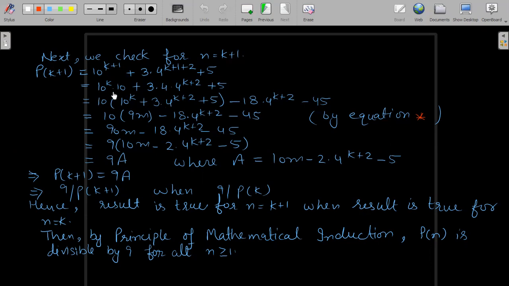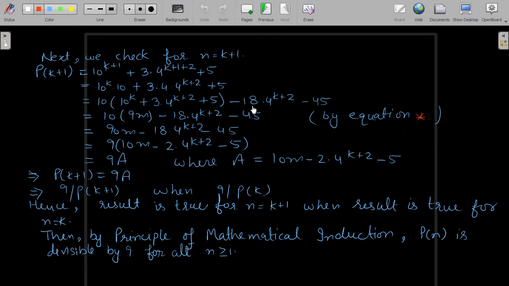Then my first term is 10^k·10. Taking 10 common, the first term is 10·10^k, which is the same. The next term is 10·3 = 30·4^(k+2), but we need 4·3 = 12·4^(k+2).